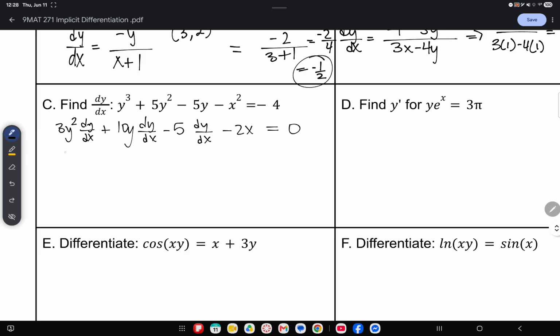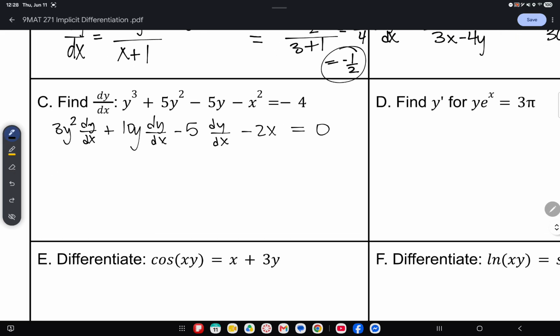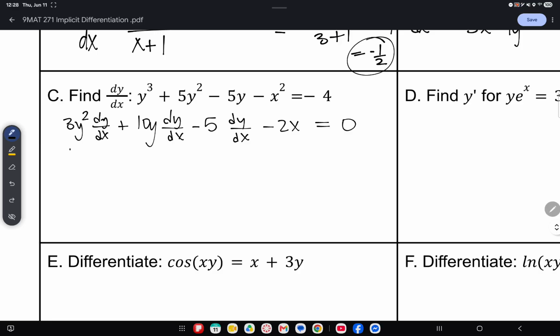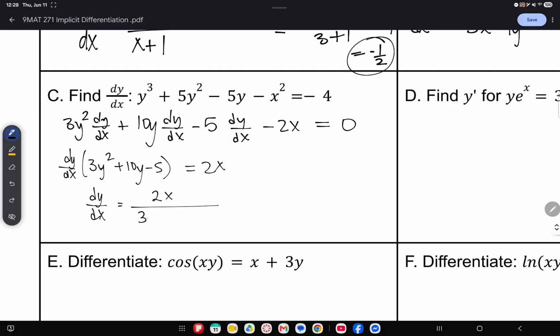All right, because I didn't make this box big enough for my handwriting here, I'm going to factor out the dy dx, and I'm left with 3y squared plus 10y minus 5, and I will have added the 2x over. Then I can divide by that big quantity. So dy dx is 2x over 3y squared plus 10y minus 5.